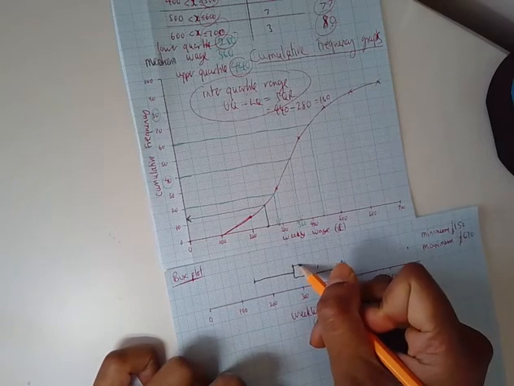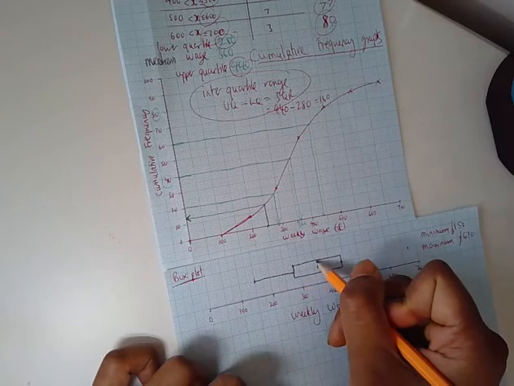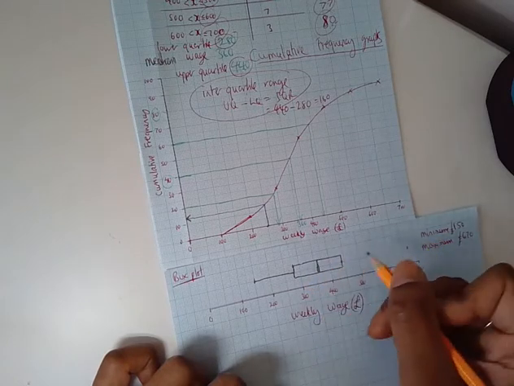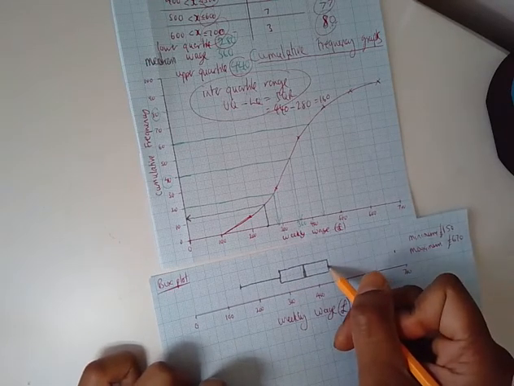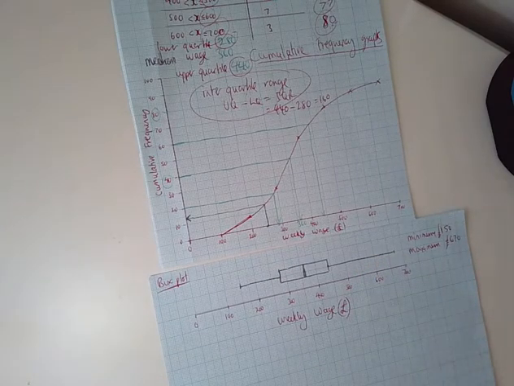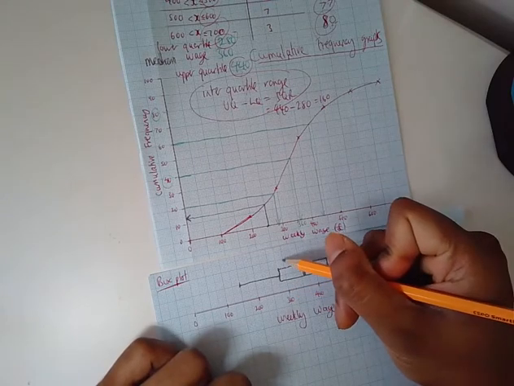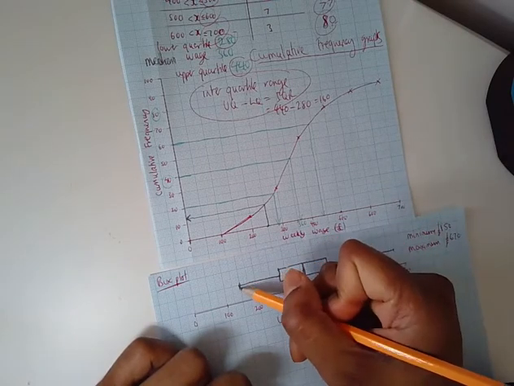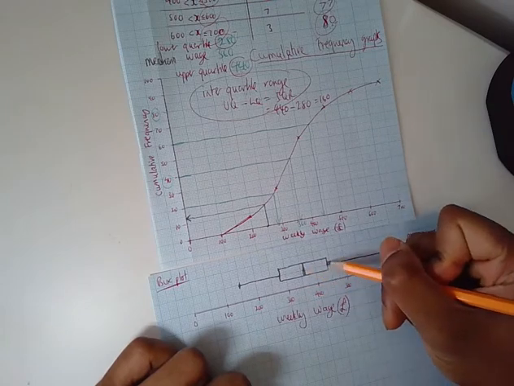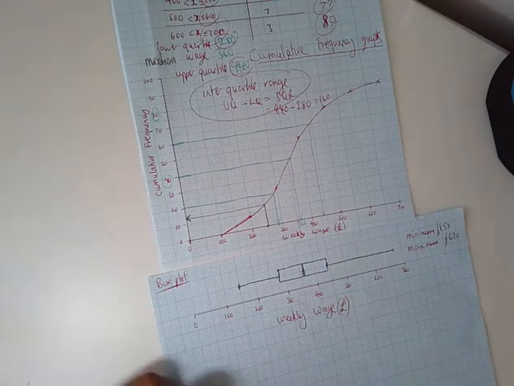It doesn't matter how big the box is, as long as you join the dots like this. Alright, that's a good enough box plot. I could have made the box a bit bigger, but it doesn't matter. As long as those marks are accurate, it's good enough for me to get marks.